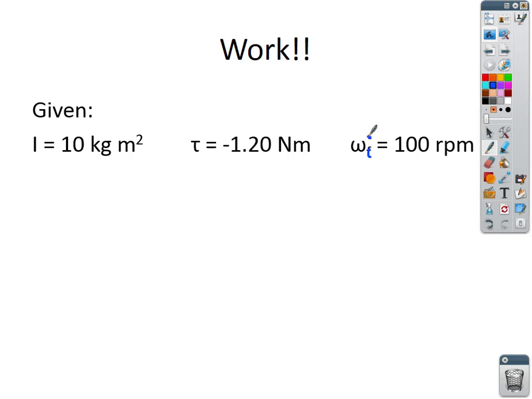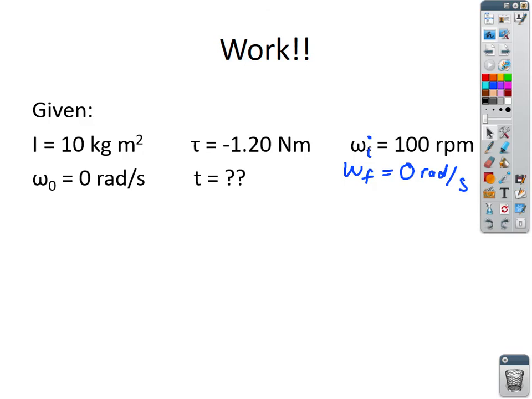A little mistake there. It's going to be a negative torque because it's stopping. The final angular velocity is 0. I'm going to change it to radians per second, so we're going to have to do a conversion. What am I trying to find here? Time.